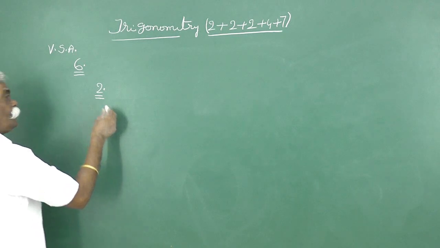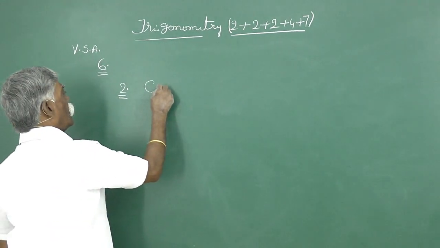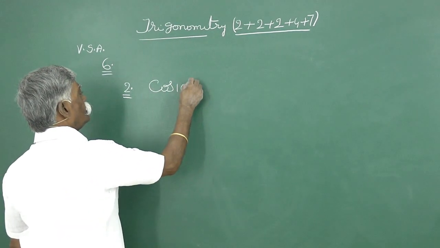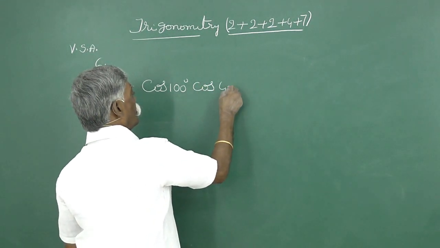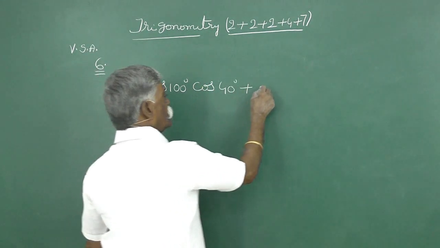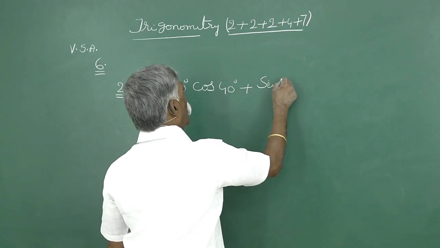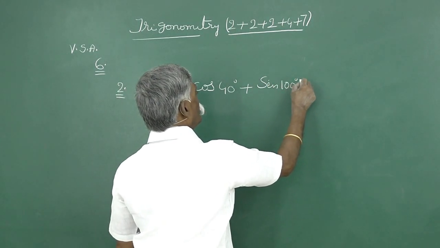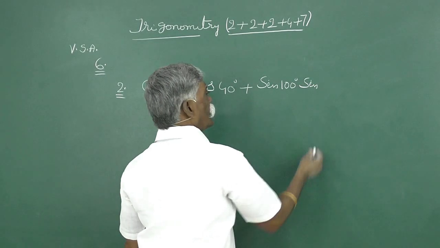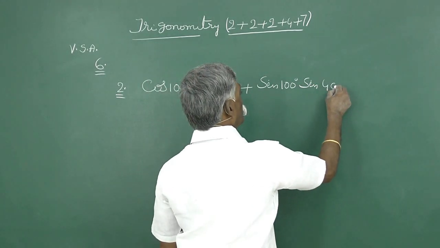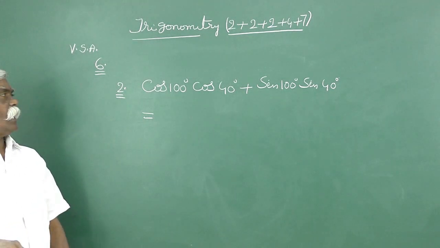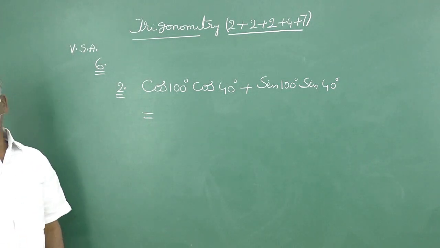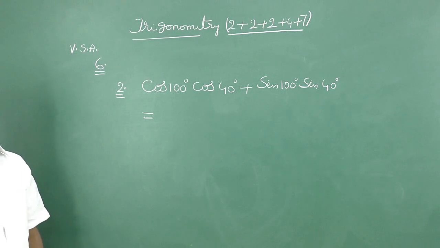Second bit, cos 100 into cos 40 plus sin 100 into sine 40. So we have to find the value of cos 100 cos 40 plus sine 100 sine 40.